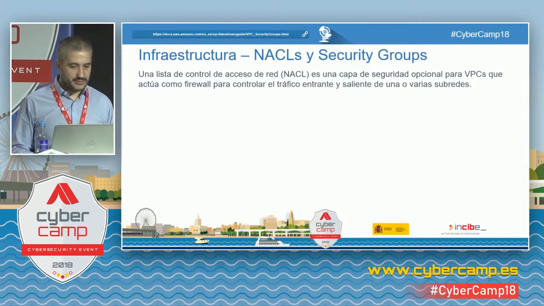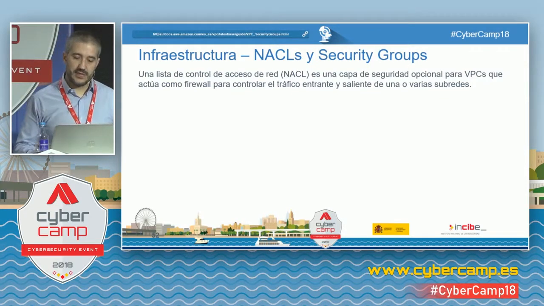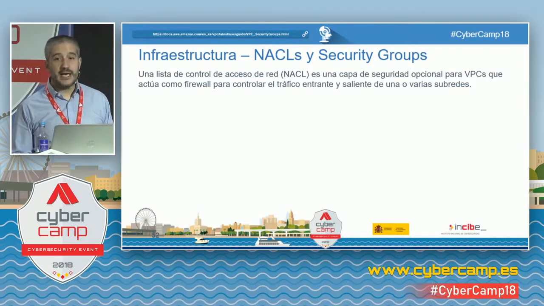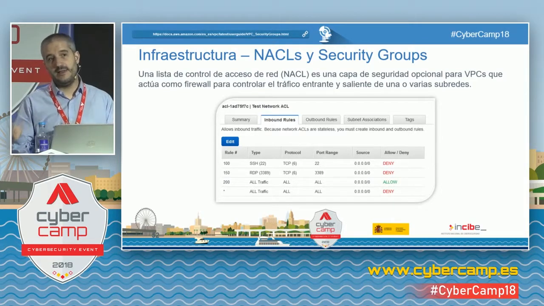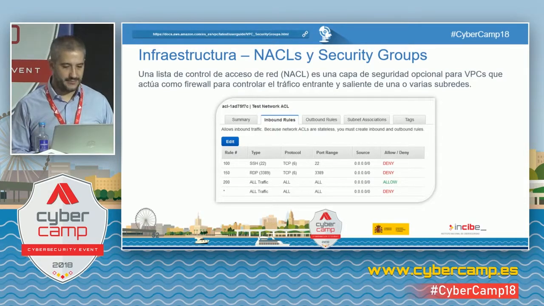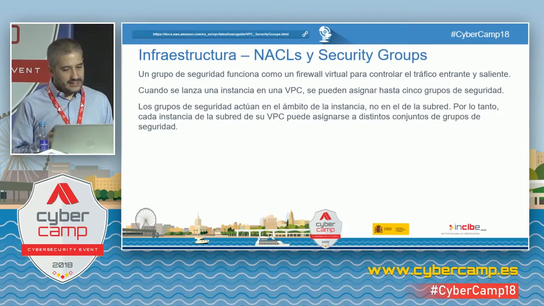As part of the networks and subnets, we have the NACLs. It is a security layer that can be allocated to every subnet in there. So that's a rule list where we can indicate protocols, ports, and choose acceptance or denial rules.